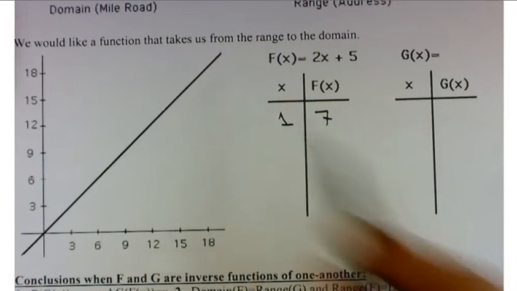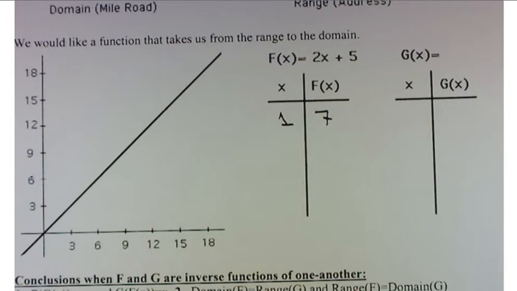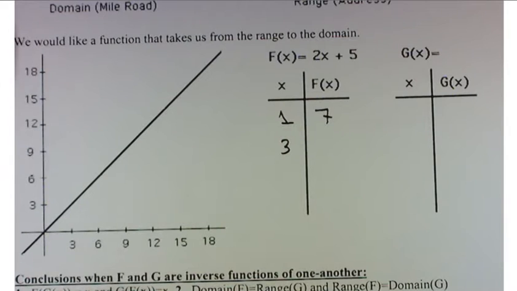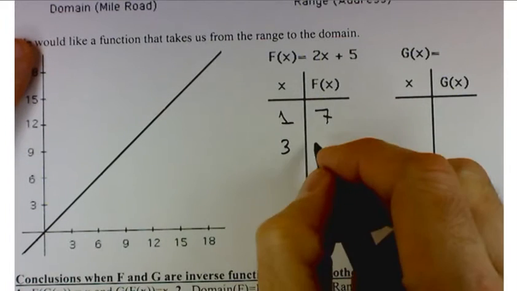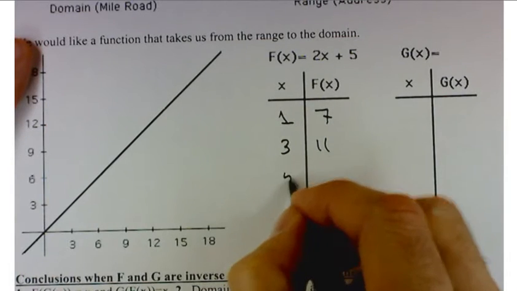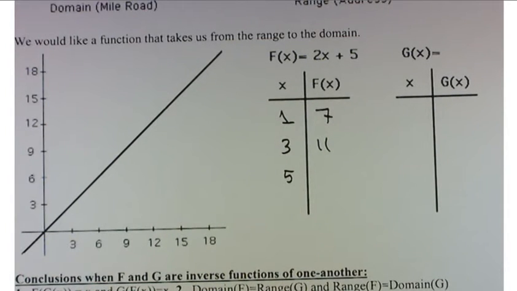So 1 mile road would put you in the 7,000 block of a major north-south road like Telegraph. How about we move up to 3? All right, 11. 3 times 2 is 6, plus 5 is 11, and one more, at 5, 15. Good.